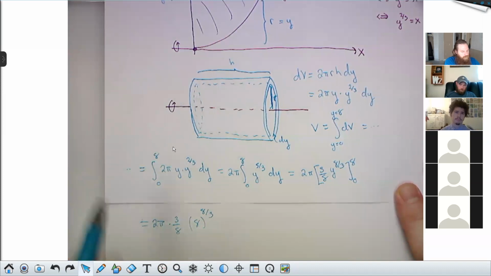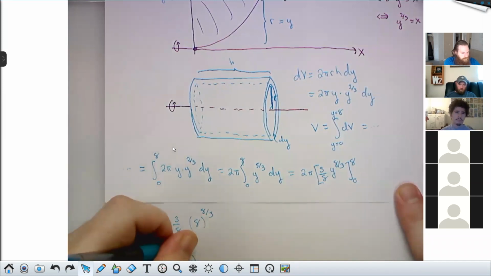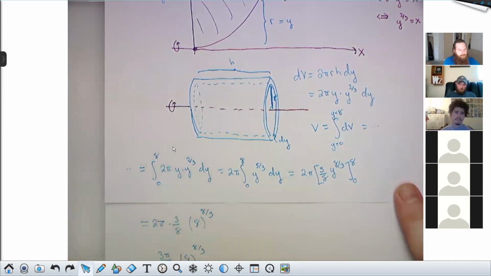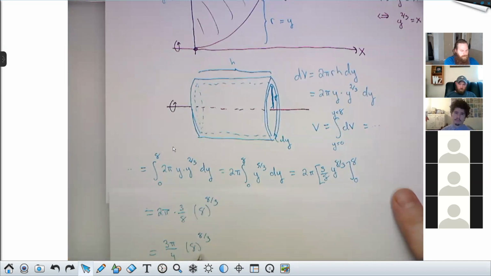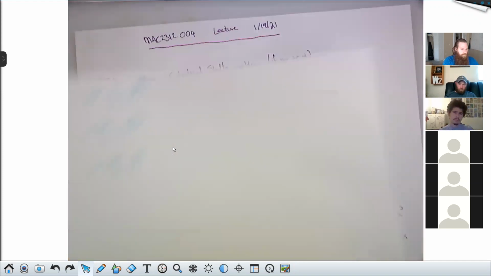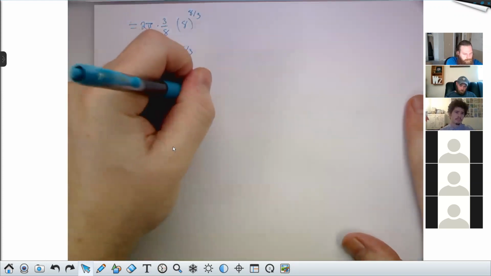Now the 2 and the 8 here can talk to each other. That'll give me 3 pi over 4 times 8 to the 8/3. And then you can handle this power. This is the cube root of 8 all to the 8. The cube root of 8 is 2, so that's 2 to the 8. 4 is 2 squared, so you can kind of get sloppy at this point.